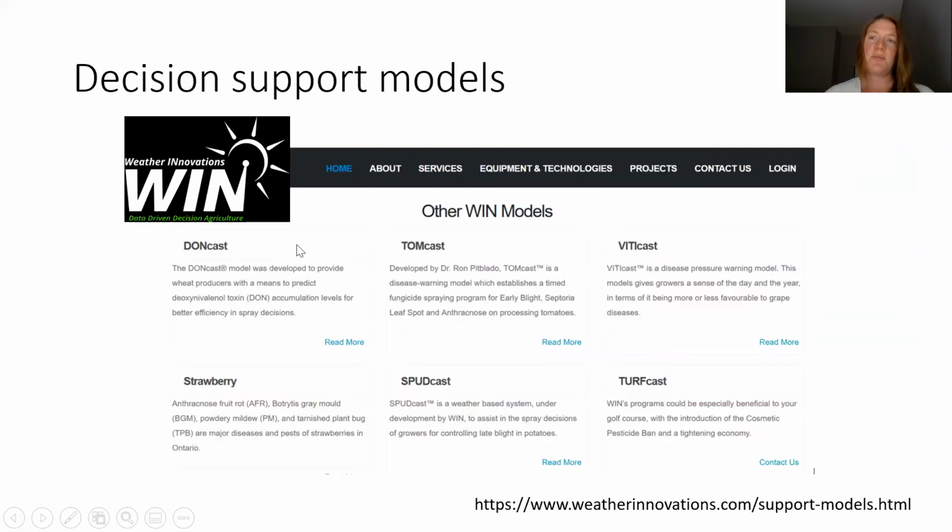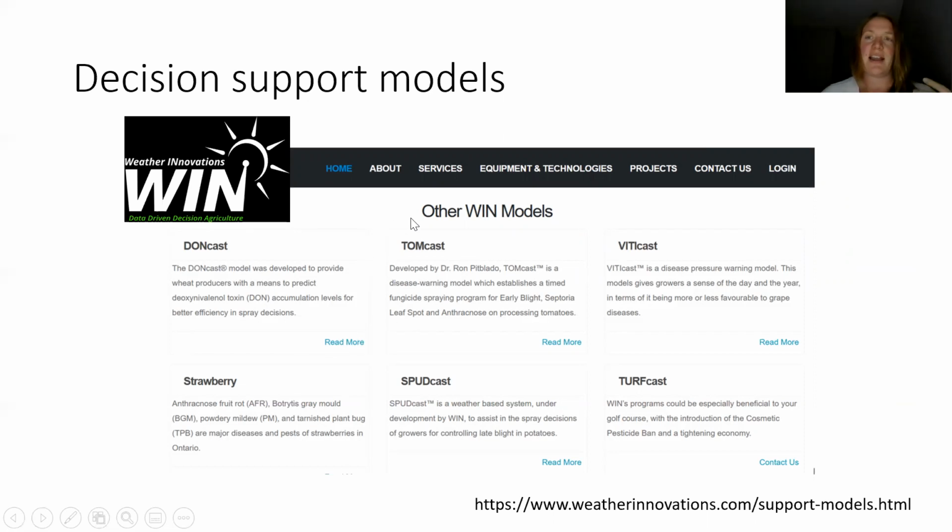Okay, so this type of modeling and this type of approach actually is used actively by the farming community as well. So it's not just researchers who are doing this. Basically, researchers can come up with a model or an algorithm, for example, that they can sell to farmers, and the farmers can download an app on their phone, and the app will tell them when the environmental conditions were right for a specific type of disease.